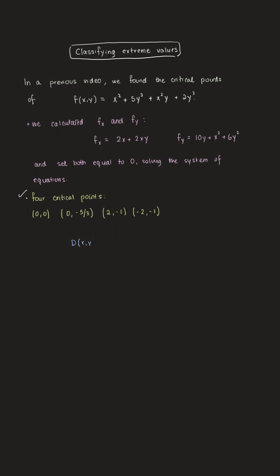It's D of x, y, the product of the second order derivatives, f_xx times f_yy, minus our mixed partial derivative squared. And we have 4 possible situations, so we're going to first find our function that gives us the discriminant, and then we will apply it to each of these 4 points so that we can figure out what kind of extreme value we have.